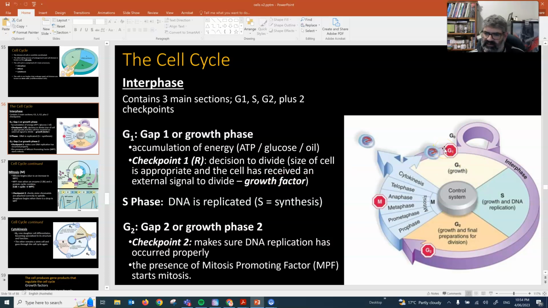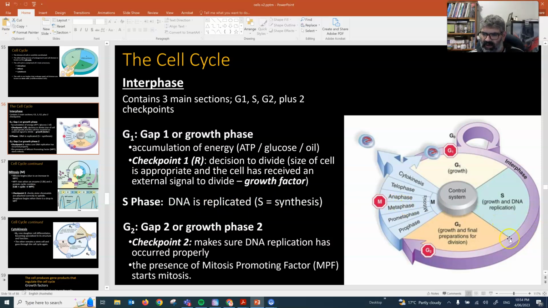If all those conditions are met, then it will proceed past that checkpoint and go into the S phase. And we know what happens in S. S is synthesis, DNA synthesis. We did that in the first topic, how DNA gets replicated.